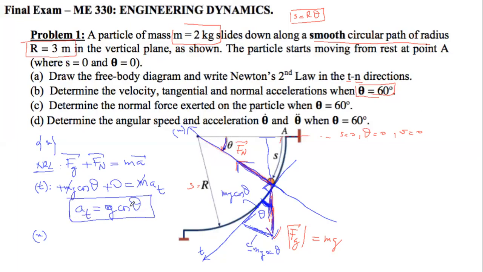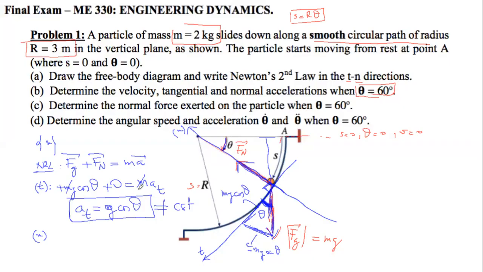No, because this theta varies. It's not like an incline where theta is fixed. So the tangential acceleration is not constant. So don't use the constant acceleration equation. Theta was 0, theta will be 60, theta will be 90, etc. So it's not a constant.